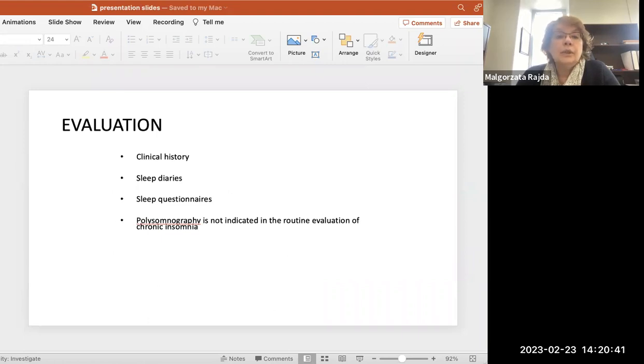We can do sleep questionnaires specific to insomnia measurement. And as I mentioned before, my favorite, sleep diaries, are very helpful in evaluating their sleep habits. Polysomnography is not indicated in evaluation of insomnia unless you think that there is a comorbid other sleep disorder.